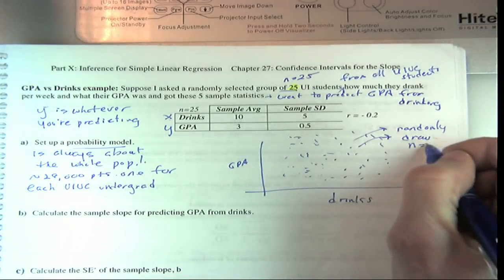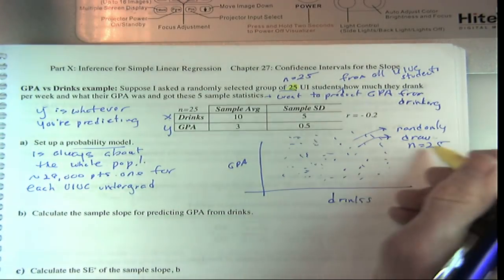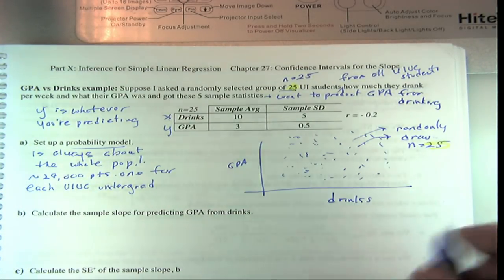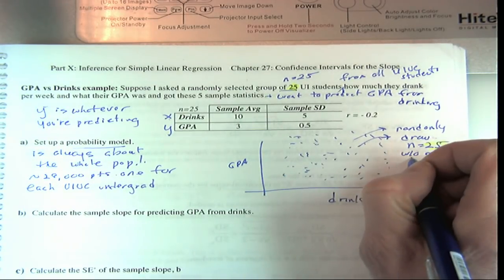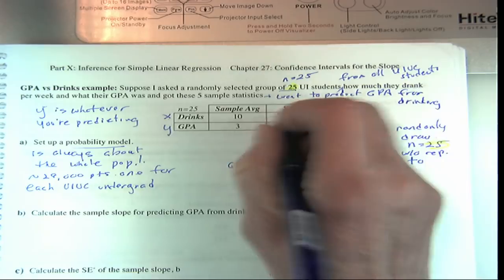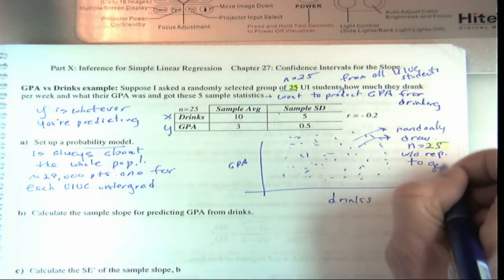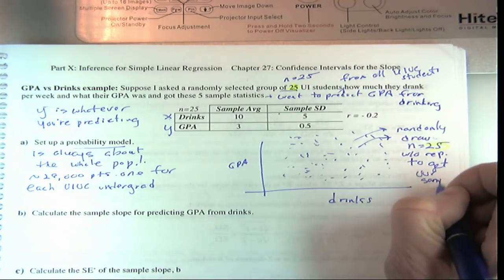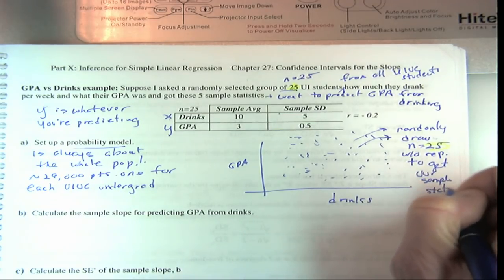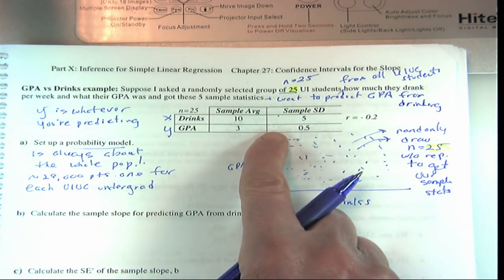N equals 25 from here, and it's without replacement. And then we get these sample stats.